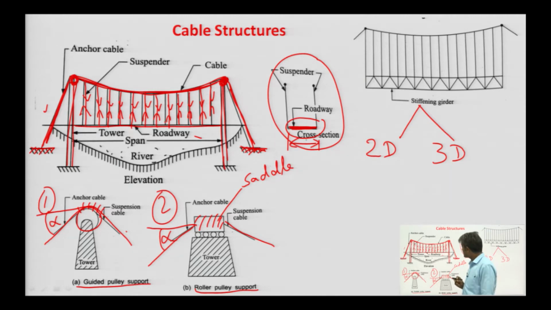The meaning of stiffened is that uniform distribution of the load in the cable should be there. With the process of stiffening of girder means distribution of the forces uniformly in the cable through suspension. It can be two types, 2D stiffening girder or 3D.